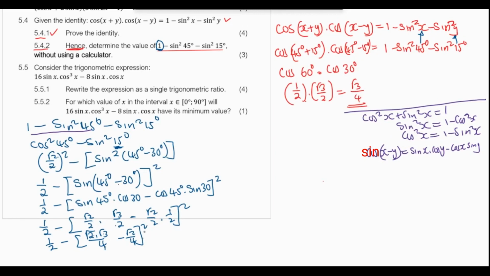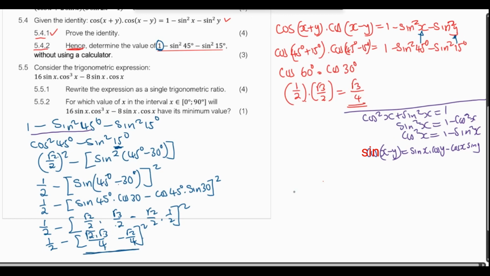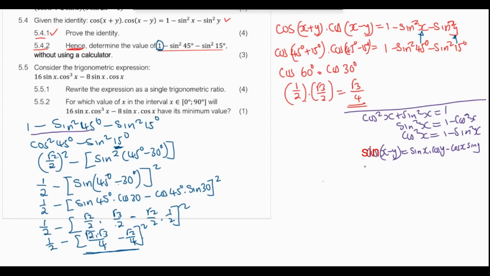And then squared. Alright, so now what we need to do, we need to simplify this part. Let's just do it by the side, and then we'll come back to this. So we have root 2 times root 3 over 4 minus root 2 over 4 squared. Now we can subtract the numerators.